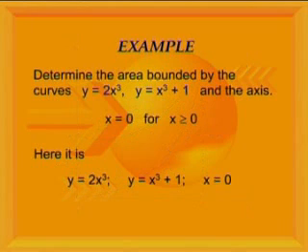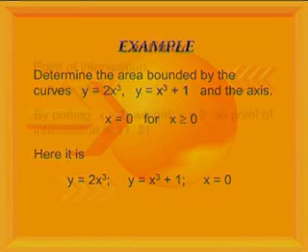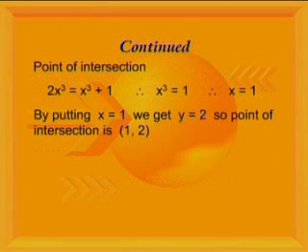So eliminating y, we will be getting 2x cube is equal to x cube plus 1, and from here x cube is equal to 1. So the real root of x cube is equal to 1 is 1. So x is equal to 1, and then corresponding y will be equal to 2. So the point of intersection will be (1, 2).